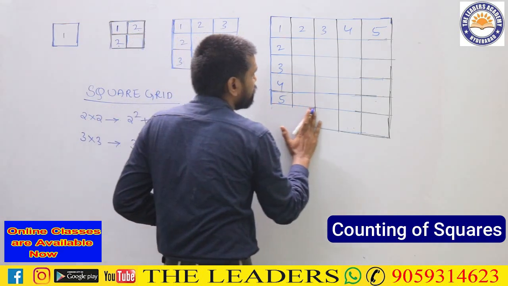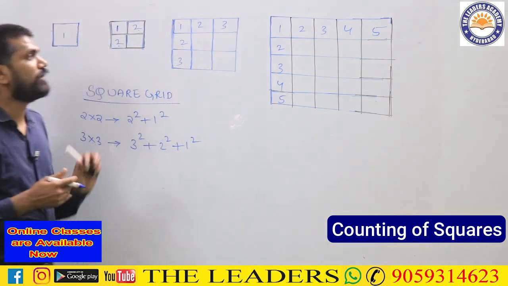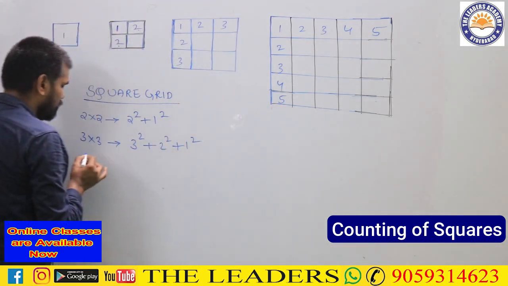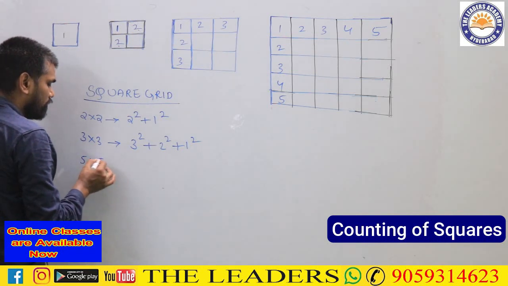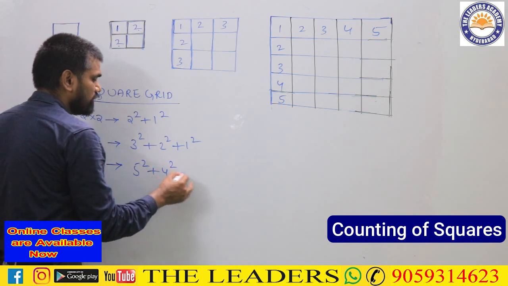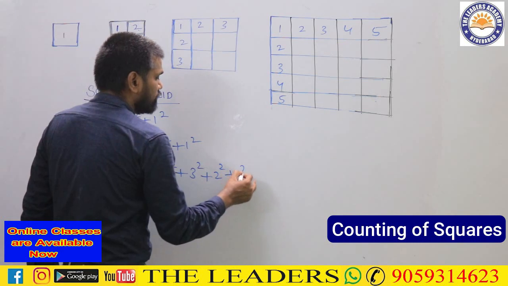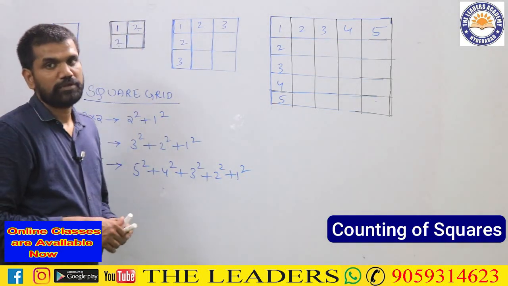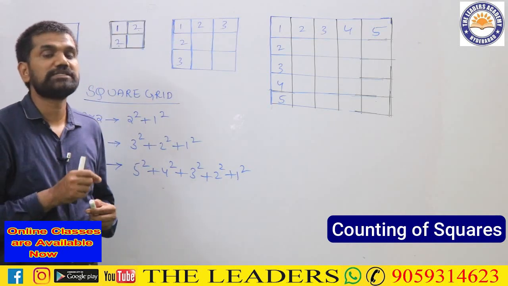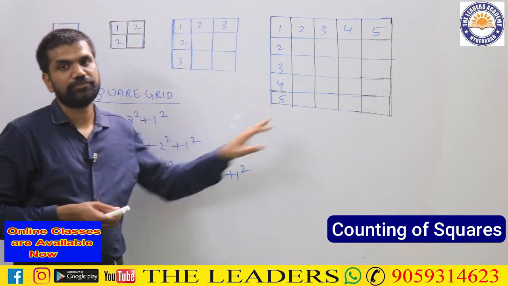Here, as it is a 5 row, 5 column diagram, you simply go ahead by 5 into 5. So you start with 5 square plus 4 square plus 3 square plus 2 square plus 1 square will give you the answer. This is how you can go for counting the number of squares in any square diagram, which is a square grid, I can say.